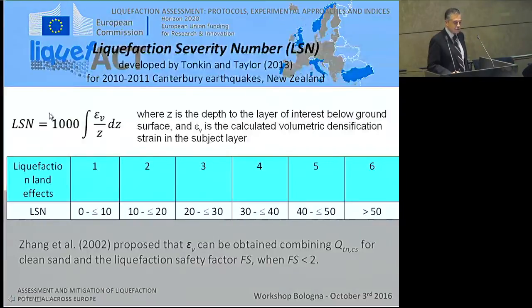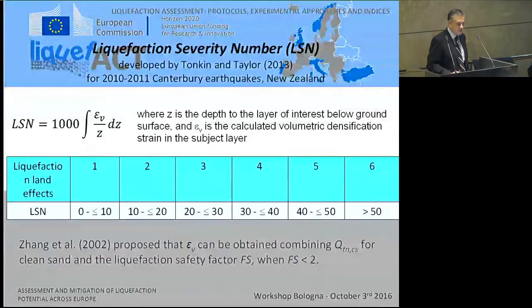Why? Because they introduced this LSN, which is in fact a severity number, but directly connected to settlement. Of course, it is the old volumetric approach for settlement. We should have better, but still it is a measure of collapse due to liquefaction.